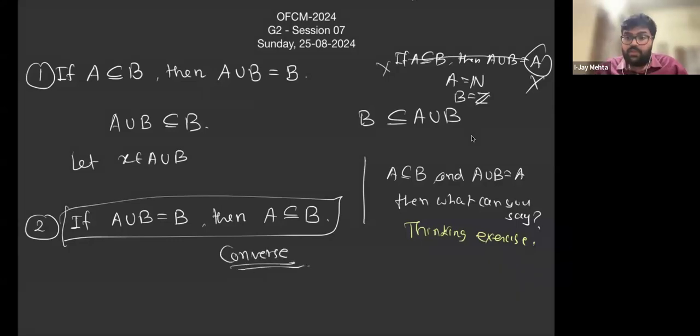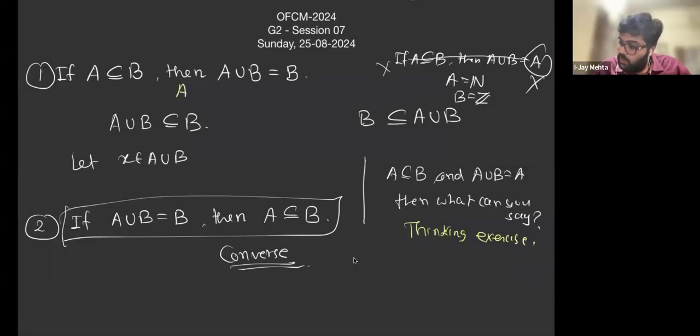We can always ask the converse. Whenever we are given something like, if P then Q, we can also ask, suppose Q is true, then is P true? If Q, then P. So this is the converse. They are already done halfway. We have proved, how do we write this in other notation?